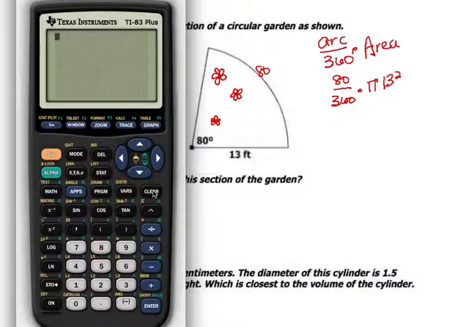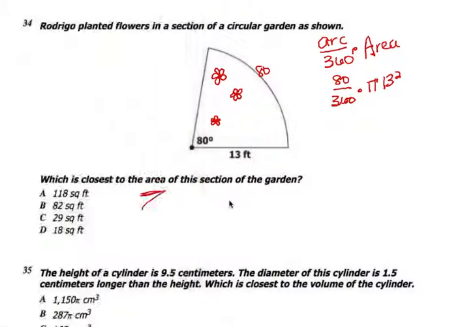So I put 80 divided by 360 in parentheses, close parentheses, times pi times 13 squared. 117.98. So our answer is A, 118.